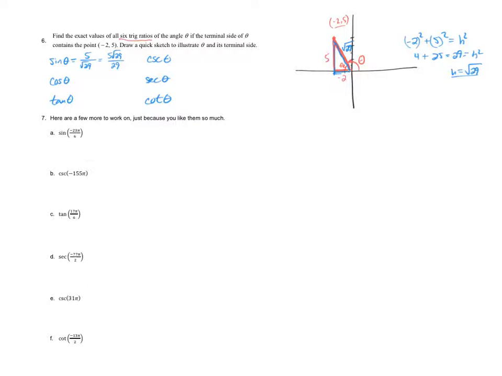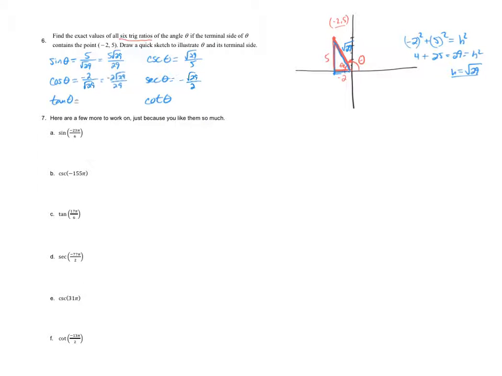To think of its reciprocal, though, don't use this rationalized version. Go back to the original one and reciprocate that, and we just get root 29 over 5 for the cosecant. For the cosine, we are thinking about the adjacent side and the hypotenuse, so -2 over root 29, and again, rationalizing that, we get -2 root 29 over 29, and its reciprocal, of course, would just be negative root 29 over 2.